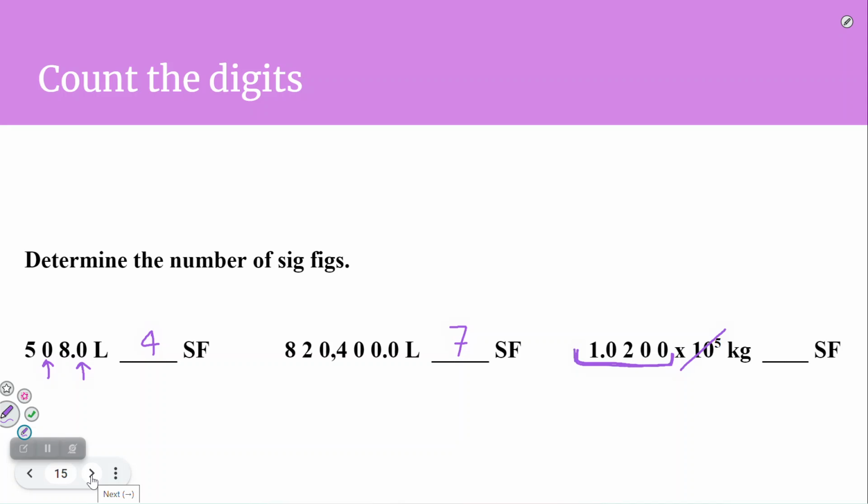That is what's going to determine your significant figures. So in this case, I have a captive 0 right here, and then I have 2 trailing zeros here, and I also have a decimal place. So that means that those trailing zeros are significant. So there's 1, 2, 3, 4, 5 significant figures in this measurement that is in scientific notation.